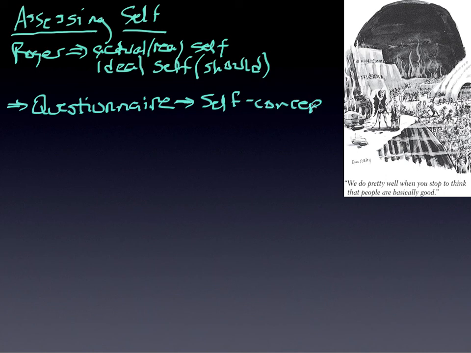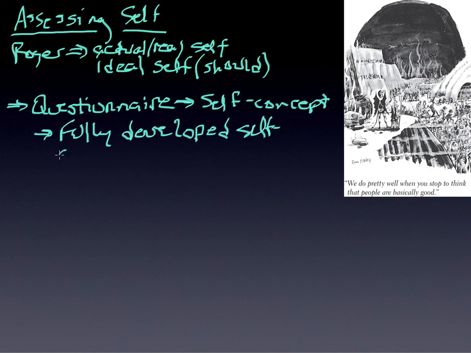And from Rogers' perspective, in order to have a fully developed self-concept, I need to identify the obstacles that exist within me, and I need to push through those, which means essentially negating them, not negating them, but neutralizing them, and pursuing growth rather than avoiding difficulty or negative. So questionnaire, self-concept, the fully developed self really is by pushing through obstacles.